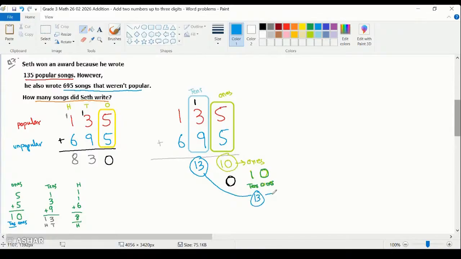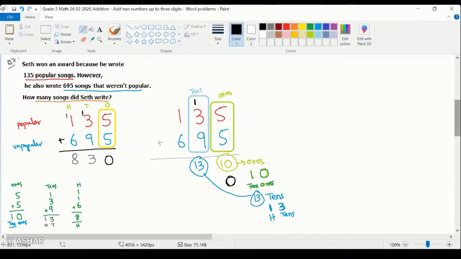Agreed? 13 tens can be written as 130, right? Or it can be written as 3 tens and 100.